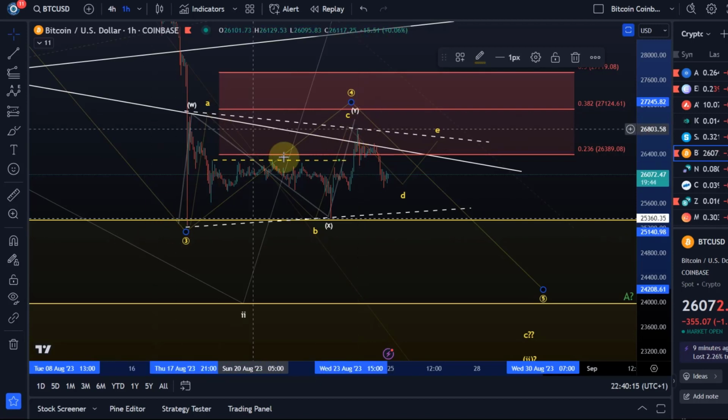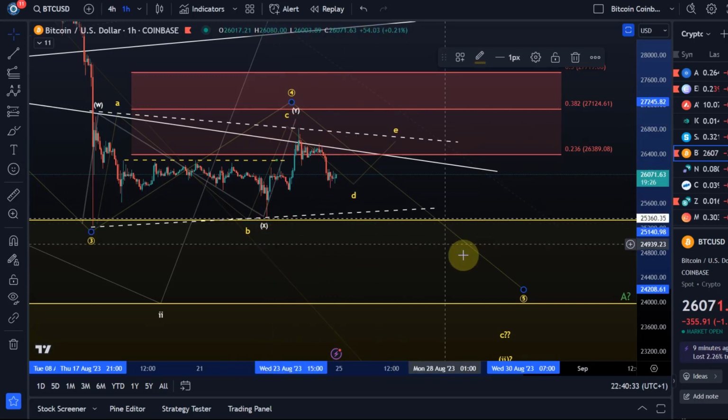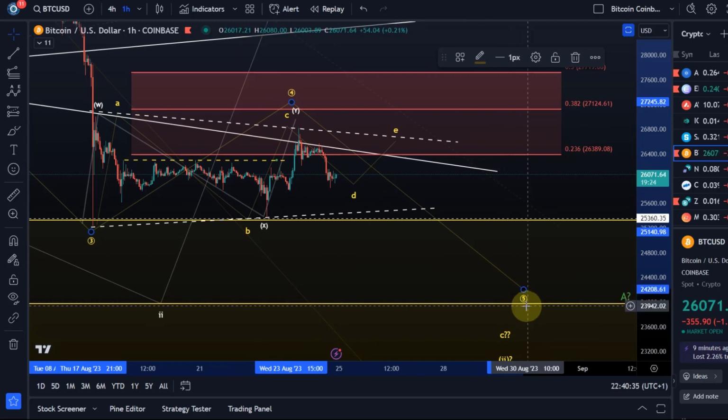If the WXY structure really has topped and the wave 4 is in, then I need to see a break below 25,800 for a first confirmation, followed by a break below $25,400, basically the low of the 22nd of August. Then we can say we are on track to delivering that 24K target.